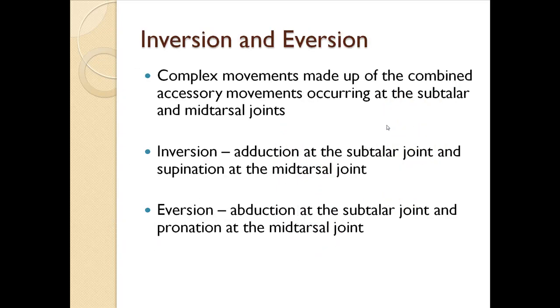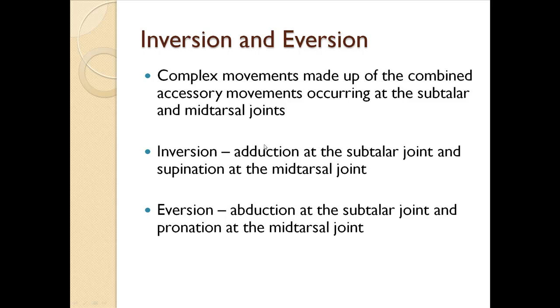The movements of inversion and eversion are complex movements. So the physiological movement of inversion is made up of adduction occurring at the subtalar joint and anatomical supination occurring at the midtarsal joint. The movement of eversion is abduction at the subtalar joint and pronation occurring at the midtarsal joint.